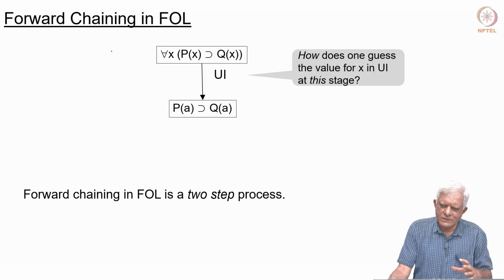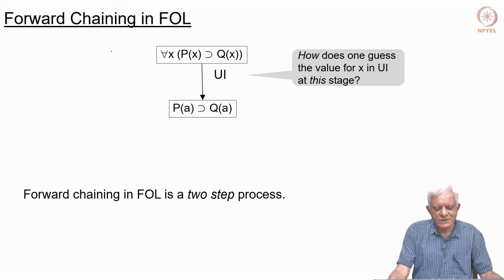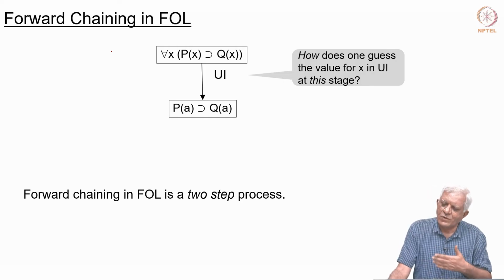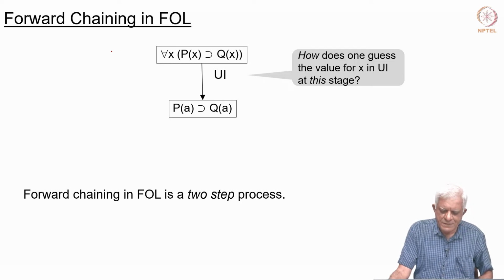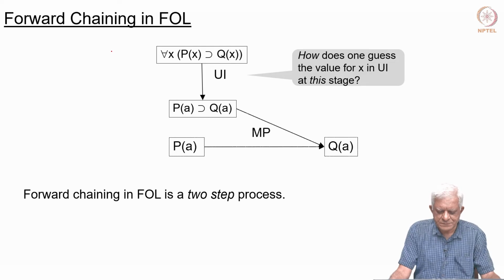We know, of course, but as an algorithm, how do you guess? That is a question that you should ponder over. Of course, what you could do is try out different instances and see if you can derive the goal that you are interested in, but that could be a cumbersome problem, and as we will see, first order logic can be quite expensive at times.